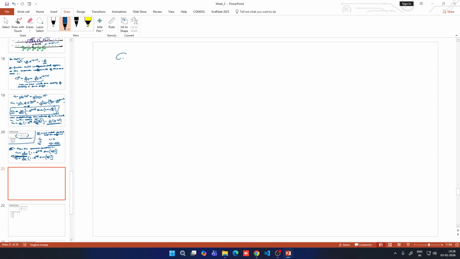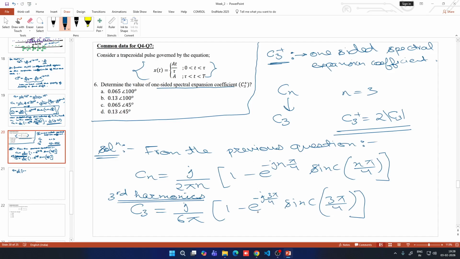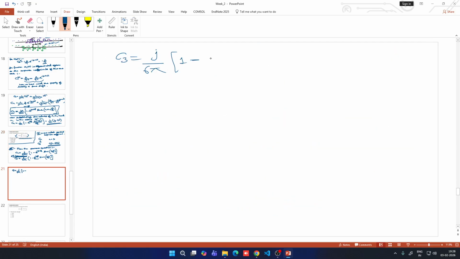So C3 will be j by 6 pi into 1 minus, and to solve e to the power minus j 3 pi by 4 I am using Euler's identity and directly writing it as cos 3 pi by 4 minus j sin 3 pi by 4.